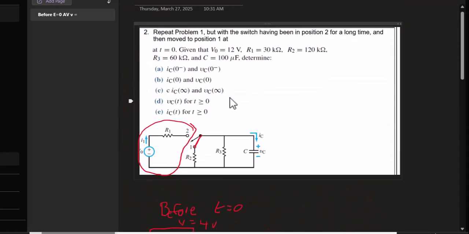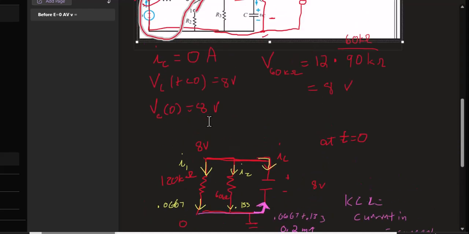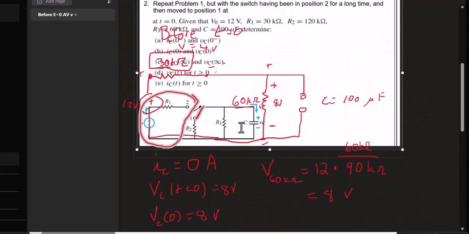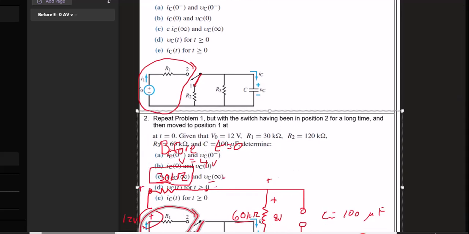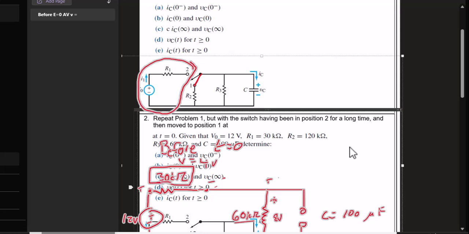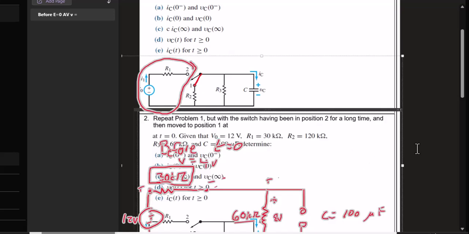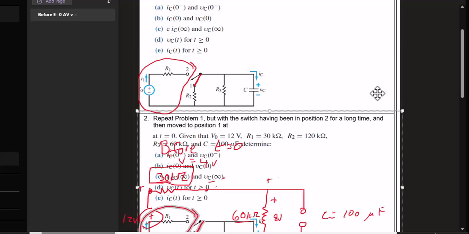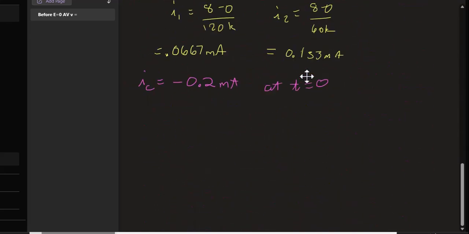Now, this is the kind of problem that you like to see when you get to the part with t at infinity, because when I look at t at infinity, it's the same circuit as at t equals 0, just it's been going on for longer.